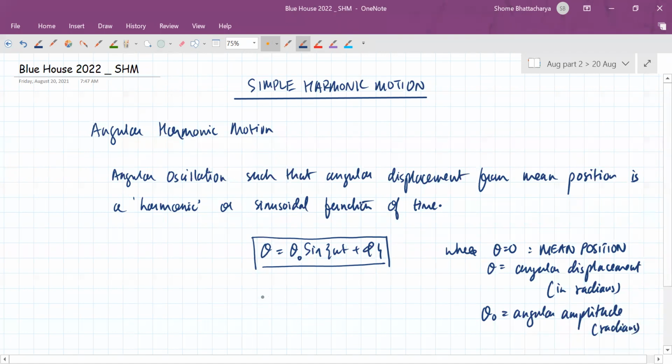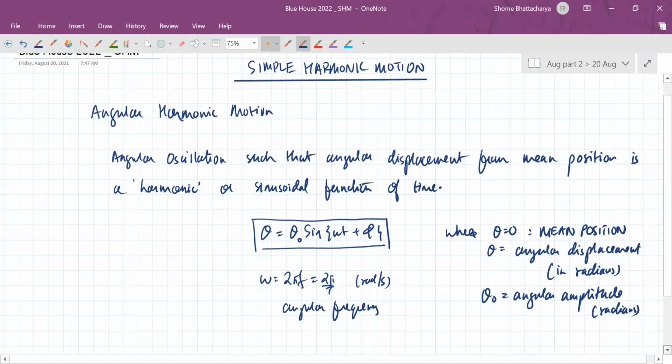The rest of the things are the same. Omega is 2 pi f, or 2 pi divided by the time period, in radians per second. It's called angular frequency. And phi is the phase constant in radians.